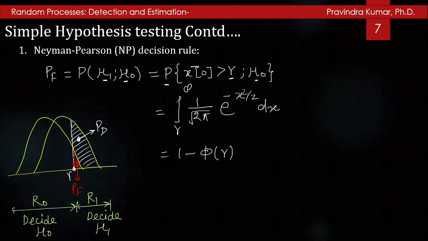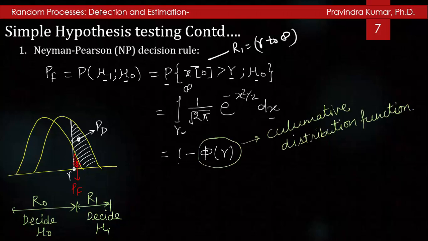It will be equal to the integration from gamma to infinity, the region R1, so we integrate over the region R1 when H0 is true: the integral from gamma to infinity of 1 upon under root 2 pi e to the power minus x square by 2 dx, and it will be 1 minus phi gamma. This is the cumulative distribution function, which we have already discussed in the table of cumulative distribution function.